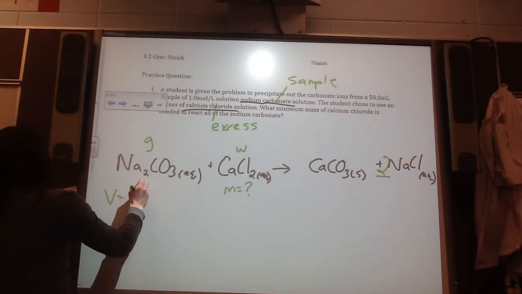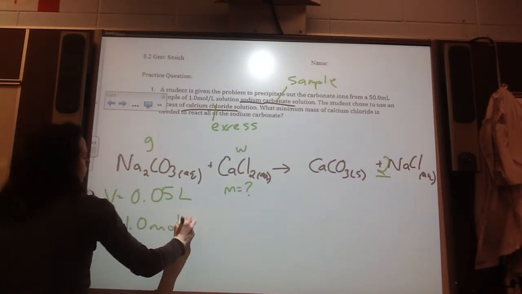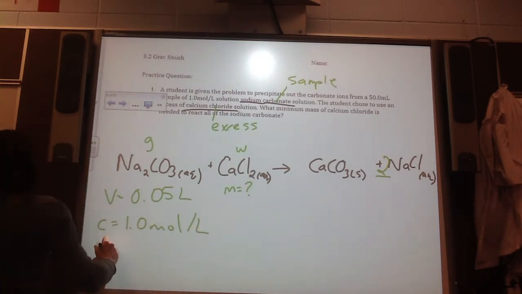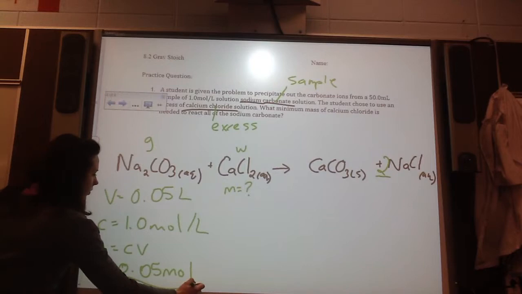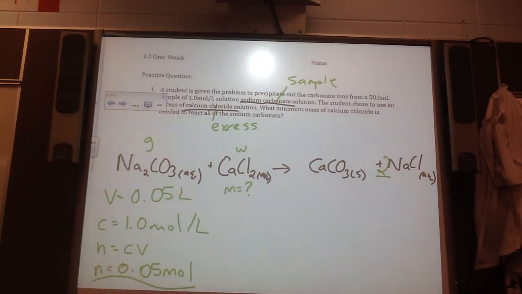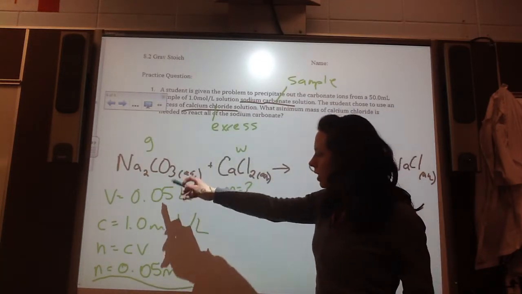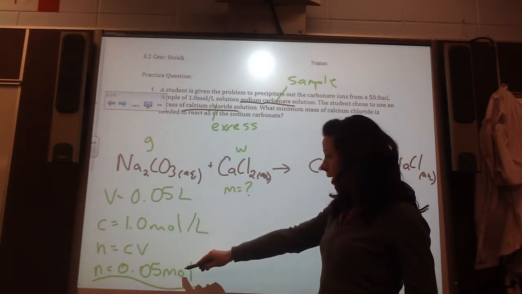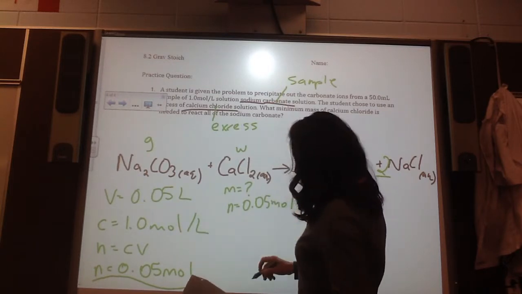So n is equal to C times V. So n is 0.05 moles. So it's just a basic stoich comparison. It's a 1-to-1 ratio. So in order to react this amount of my sodium carbonate, I will need the same amount of moles of calcium chloride, because it's 1-to-1.